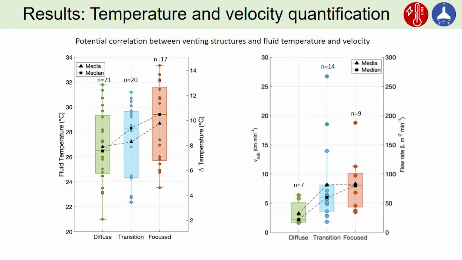And it makes sense because in a flat and diffuse area, the venting fluid is going to escape easily, and the temperature is going to dissipate easily as well. And on the contrary, in the focus area, the hydrothermal fluid has to escape through narrow conduits, and the temperature is going to dissipate with more difficulty.